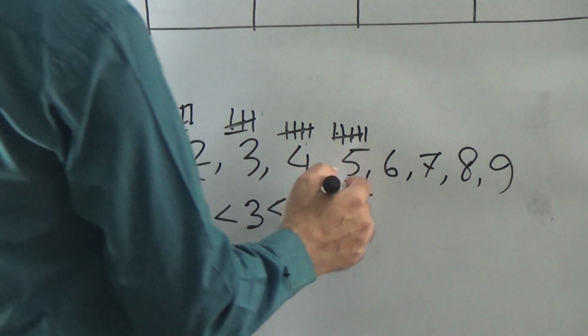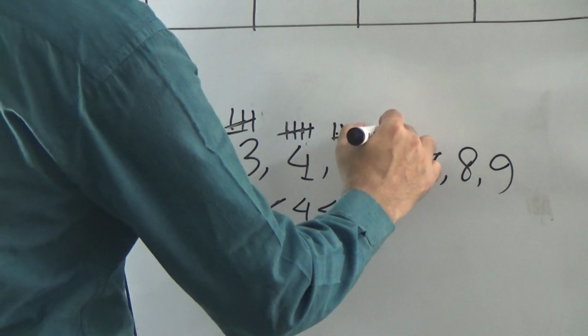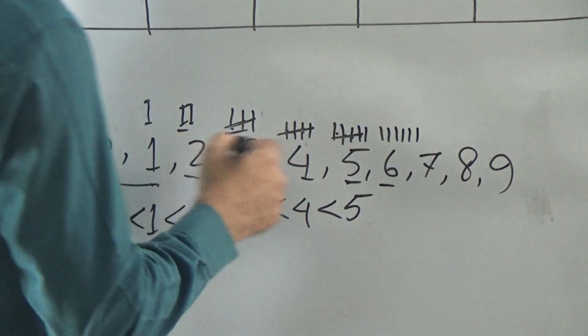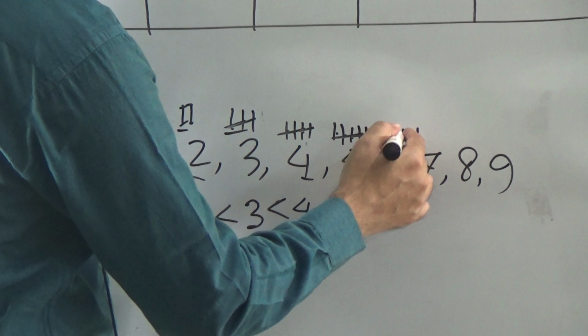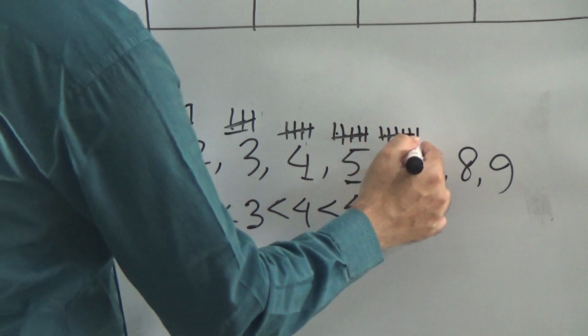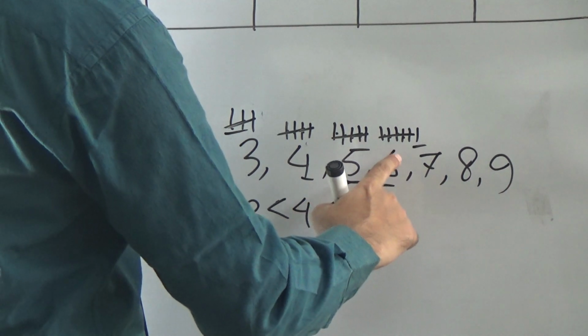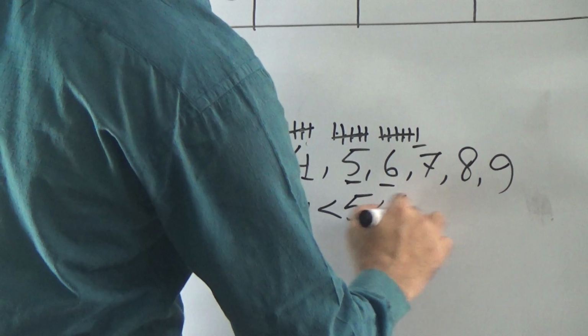Now we have to compare 5 and 6. 6 means 6 lines: 1, 2, 3, 4, 5, 6. We can take 5 lines here: 1, 2, 3, 4, 5. So again here is 1 line more, as 6 is 1 line more than 5. So we can say 5 is smaller than 6.